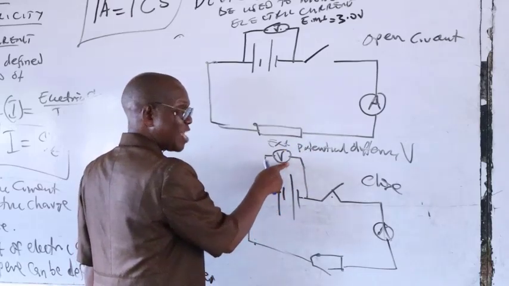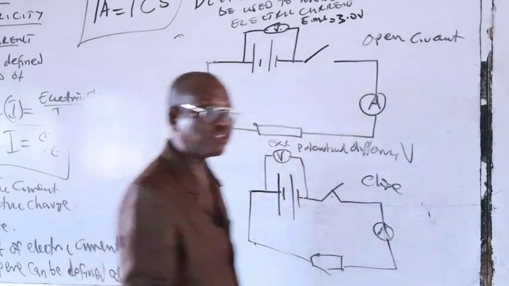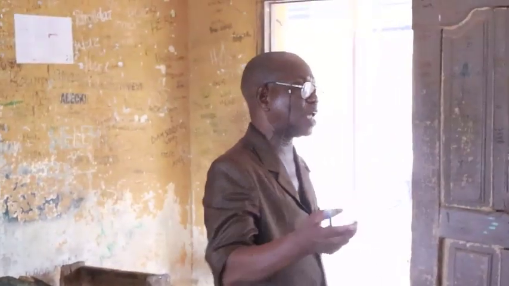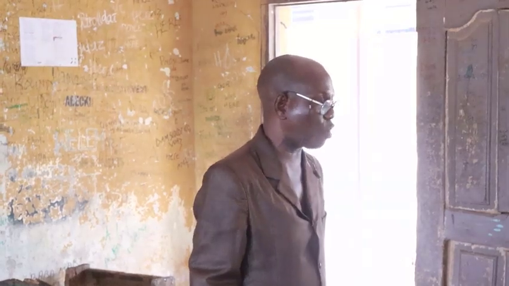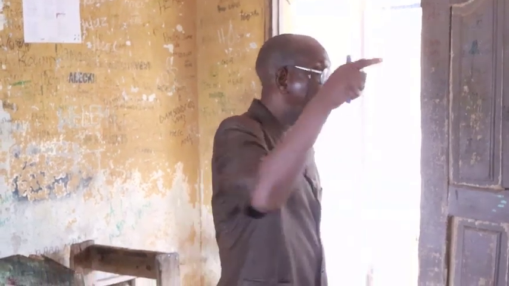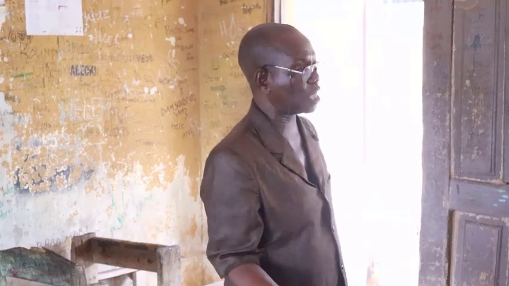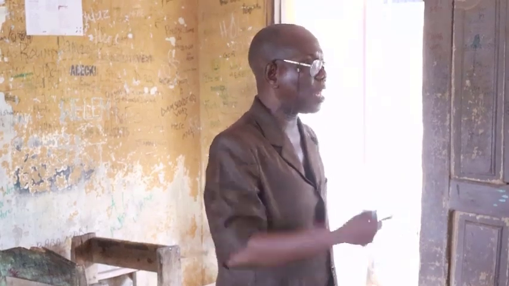If this is called external potential, that means you have another potential called internal. Let me inform you, it is the sum of the two potentials, both external potential difference and internal potential difference, that we call electromotive force.